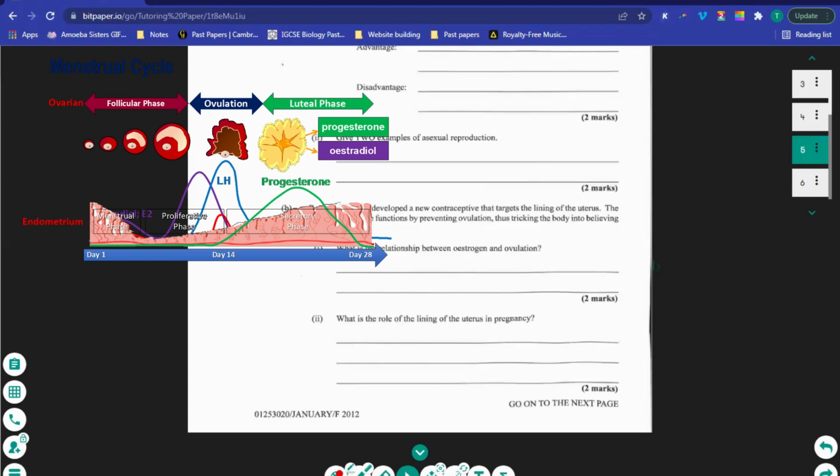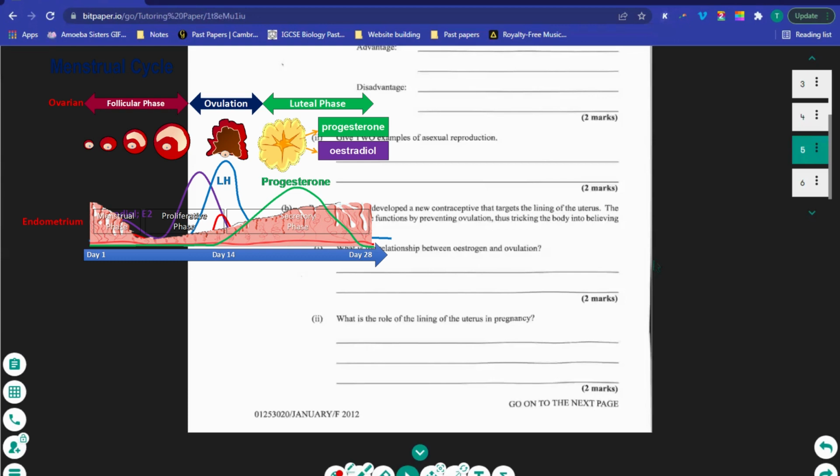And part 2, what is the role of the lining of the uterus in pregnancy? We know the lining of the uterus for sure is where implantation takes place. And once it is fully developed, it is very rich in blood supply.